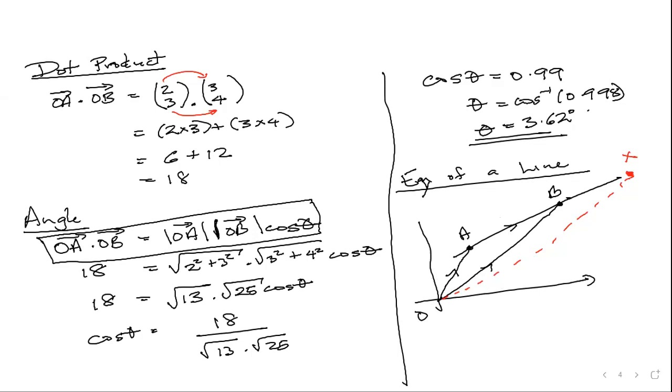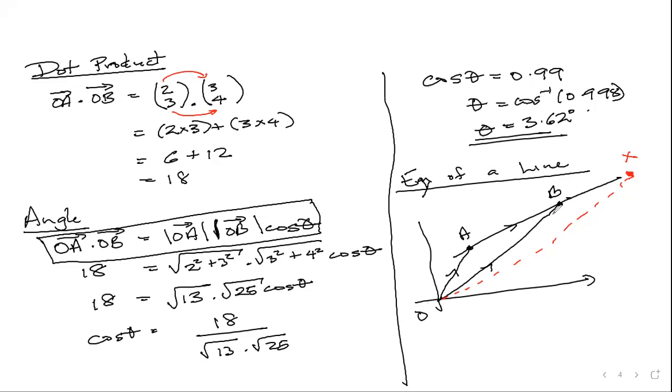Question, sir. In the diagram, I see a line from O to A, and A to B. What is that straight line? O to B?